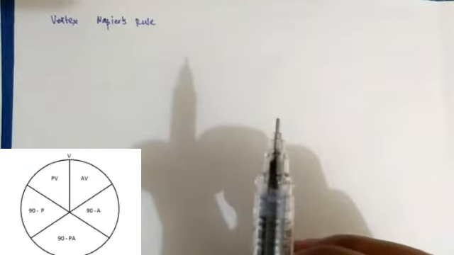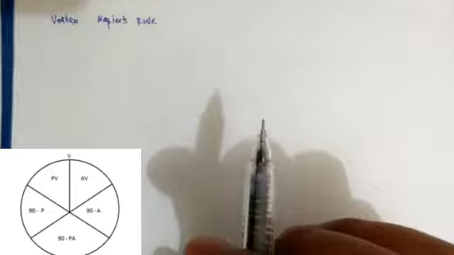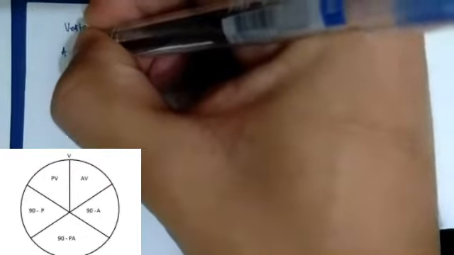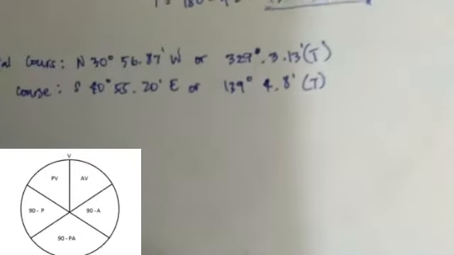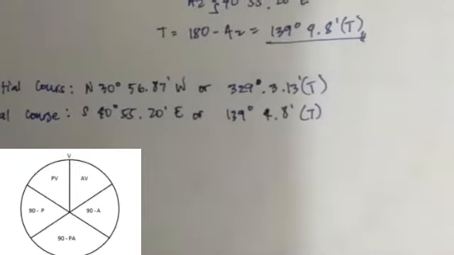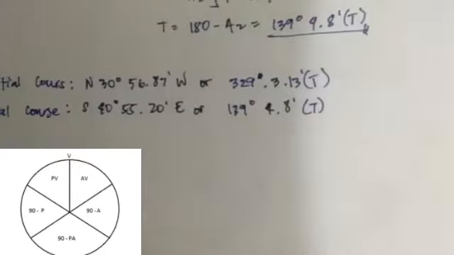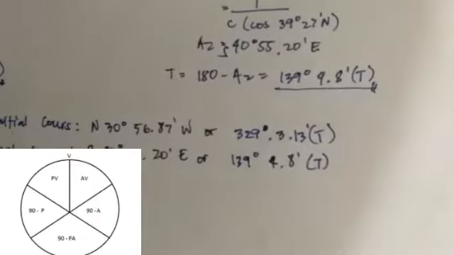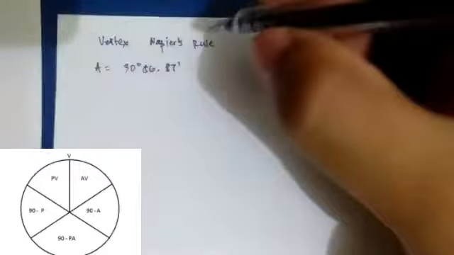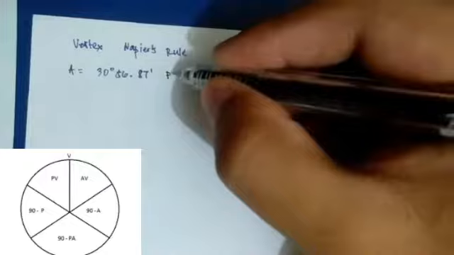In solving the Napier circle, we need to use our latitude A, or in our initial course, which is 30 degrees 56.87 minutes. And as shown in the Napier circle, we need to find our PA.